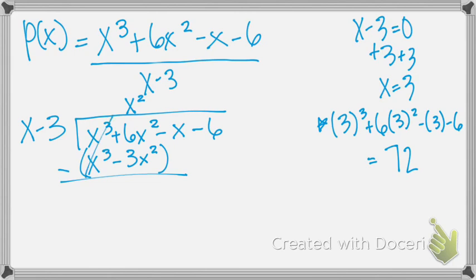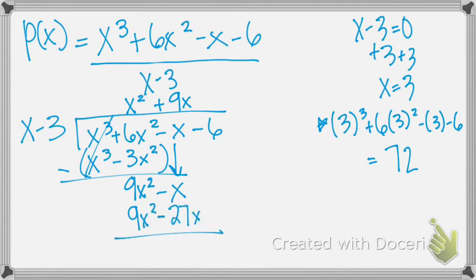And I have a negative 6 minus a negative 3, so that's a positive 9x squared. We bring down our negative x. That goes in 9x times. So that's a 9x squared minus a 27x. When we subtract, we are left with a 26x minus 6. That goes in there.